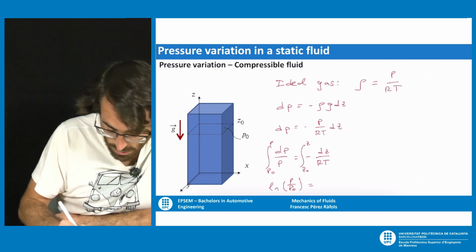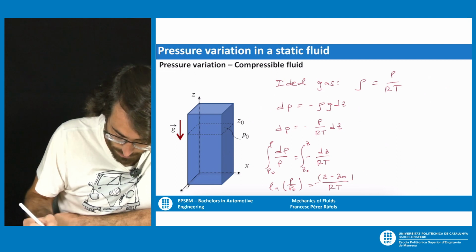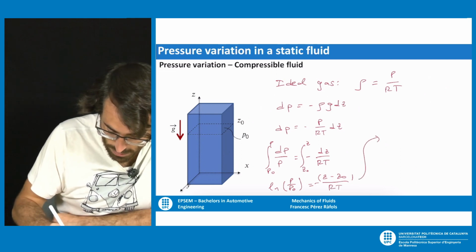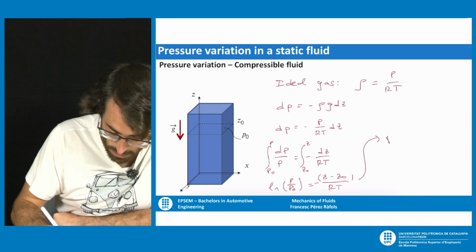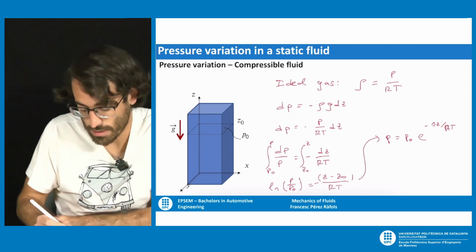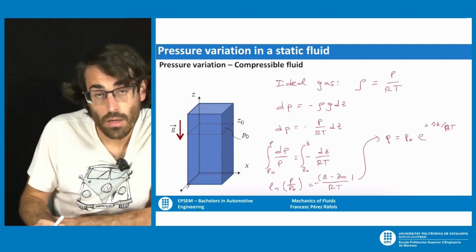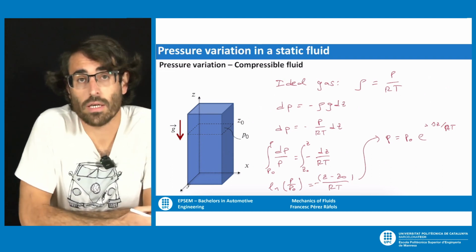And here, this is a constant, so we will simply have z minus z0, with a minus in front, over RT. Now we can expand the logarithm and find P equals P0 e to the minus g times the change of height over RT. Now we get a fairly more complex equation. And that would be all about pressure variation.